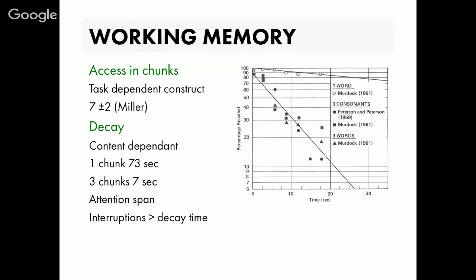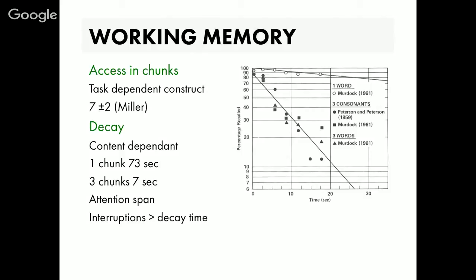Okay, so let's move on to working memory and talk about it for a little bit. So I mentioned this idea of how you access things in chunks, and the magic number is 7 plus or minus 2. There's actually a famous paper called something like the magic number 7 plus or minus 2. It studied these chunks that people can remember, and it does depend on age and other issues about cognition.